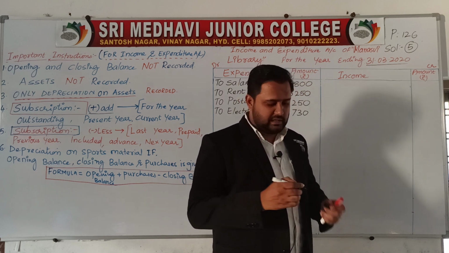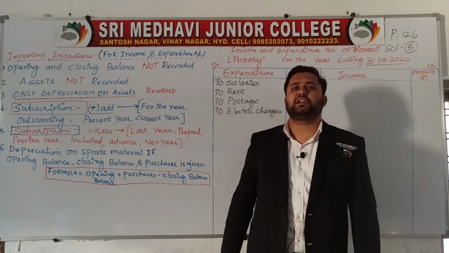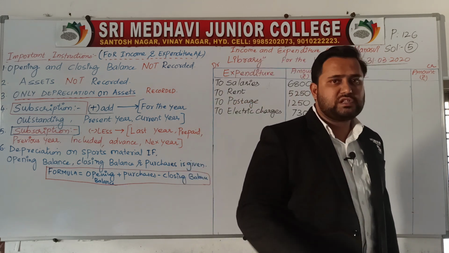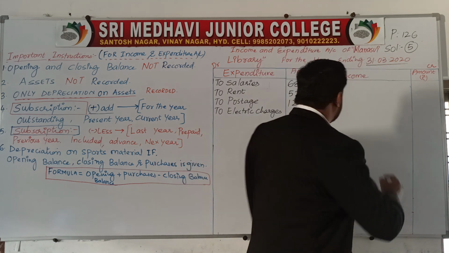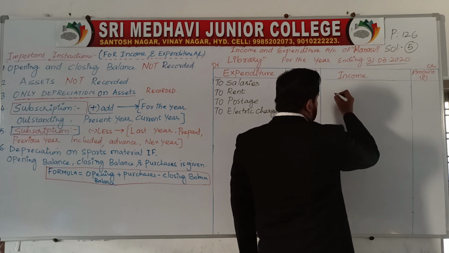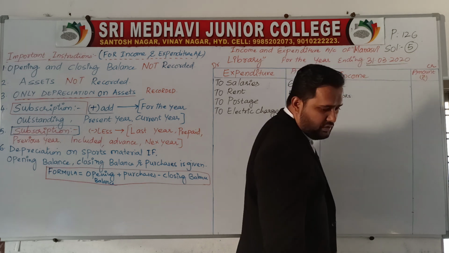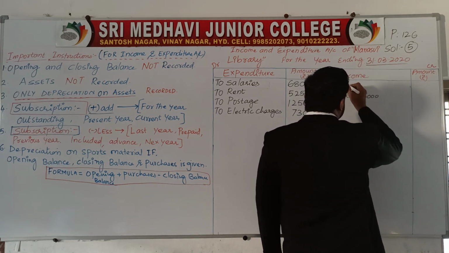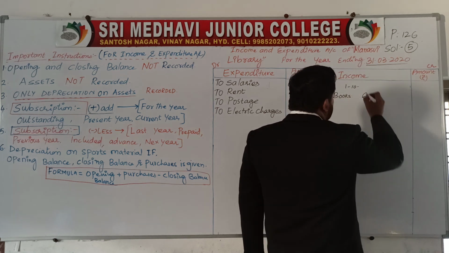Books is an asset. Assets are not recorded, but only depreciation we have to take into consideration. Let's see how much the depreciation is. Books were bought on 1st October 2019. Look here everyone, it's a working note for you. How much is the cost of the books? 6,000, which was purchased on 1st October 2019.